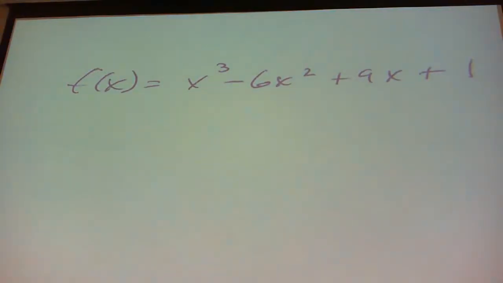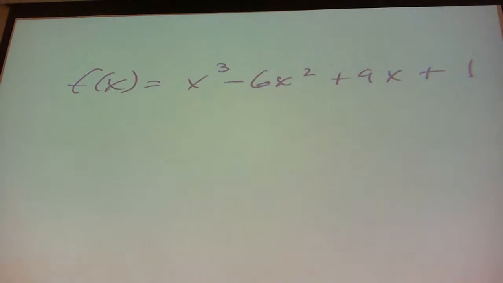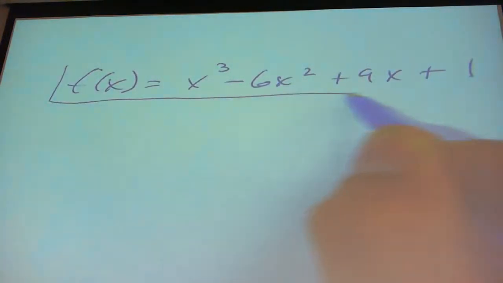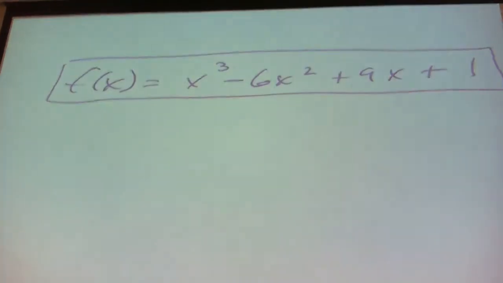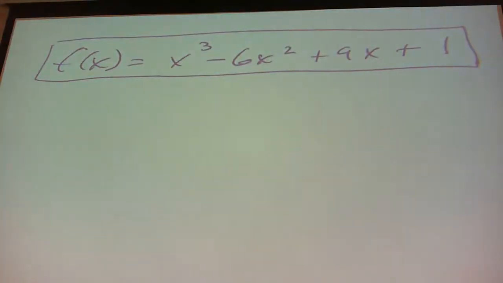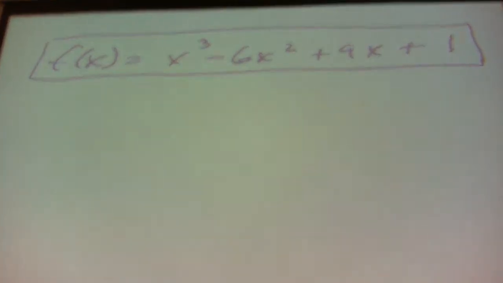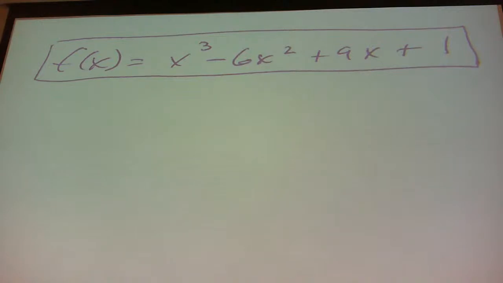So let me be very clear. We're going to try to find the highs and the lows, the maxes, the mins of the original function. How we do that is with the derivative. So what I would like you to do is take the derivative, set it equal to 0 and solve. Look at the derivative, see if there's anything that's undefined. Those will be our points that we're going to look for.